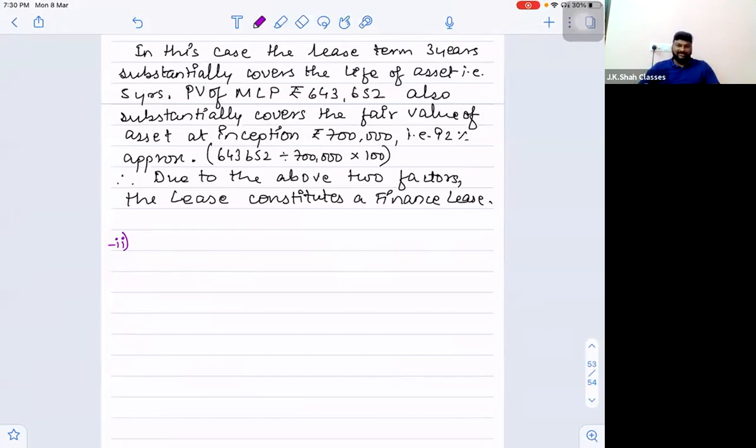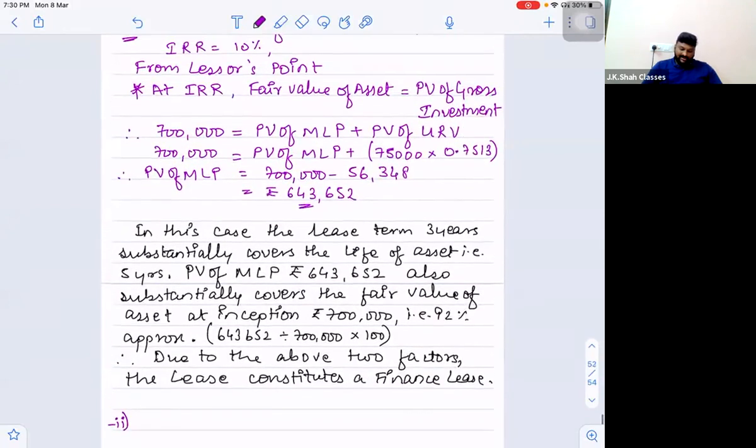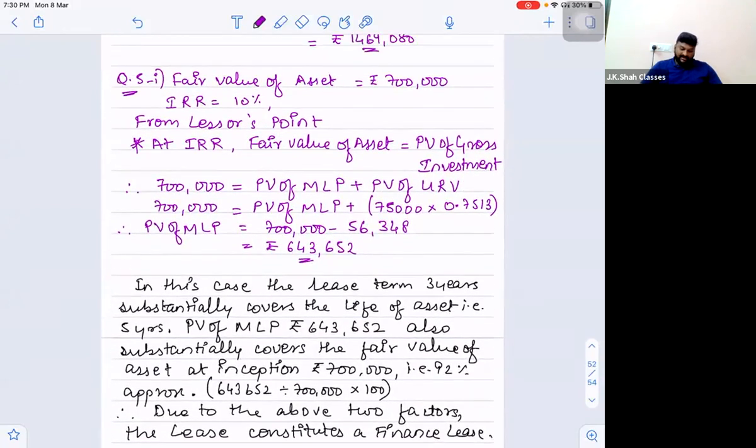So, the second part of the question: calculate the unearned finance income. The formula for unearned finance income is gross investment minus net investment, and net investment is nothing but the PV of gross investment. The PV of gross investment is already available to me, 7 lakhs.